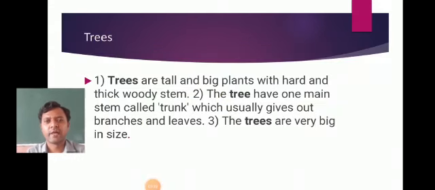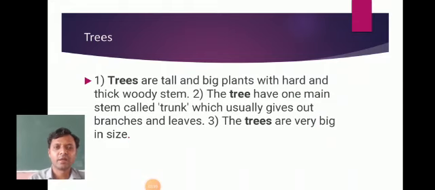First of all, let us discuss trees. You all know what trees are, we can even see trees around our neighborhood. Trees are tall and big plants with hard and thick woody stem. There are 3 things given in the definition of trees. First, trees are tall and big plants with a hard, thick woody stem.